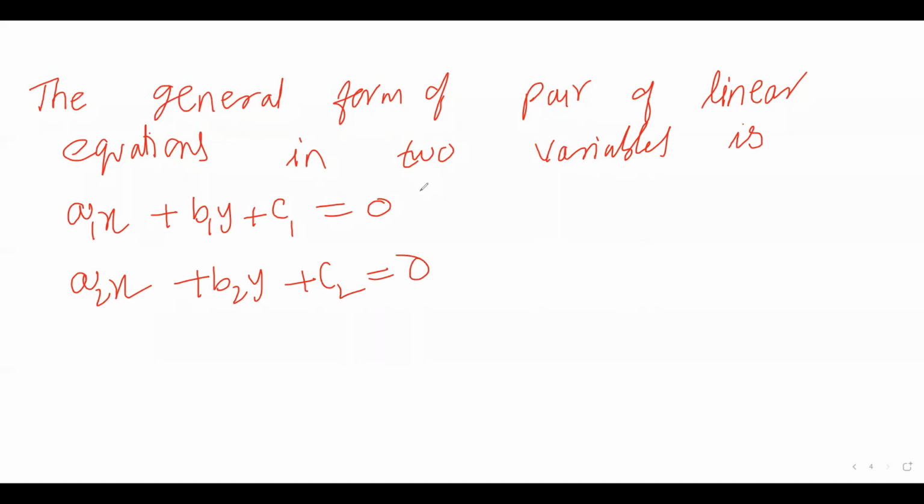These are pair of linear equations in two variables. These linear equations, when you draw the graph, can be intersecting lines or parallel lines or coincident lines. Now let us see the condition for intersecting, parallel and coincident lines.